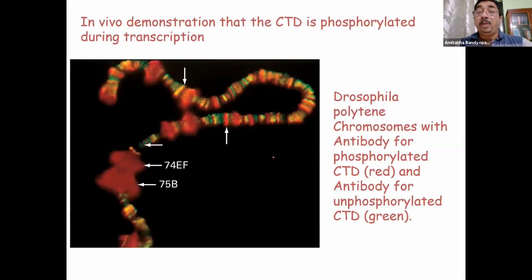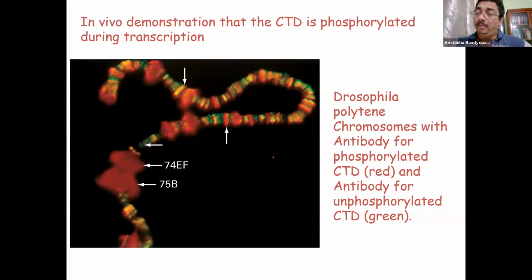You can actually see it on DNA. If you take the polytene chromosome of Drosophila, which has multiple copies of the same DNA sequence, it is a very good system for seeing DNA-based events. In fact, DNA banding and so on were discovered in polytene chromosomes.